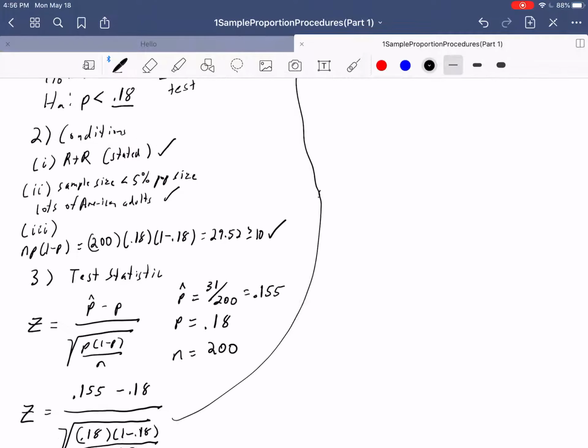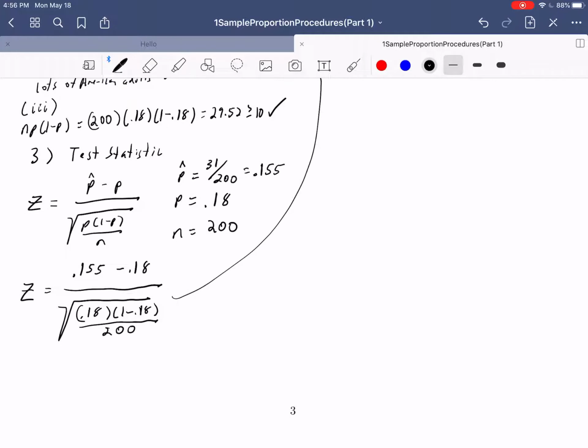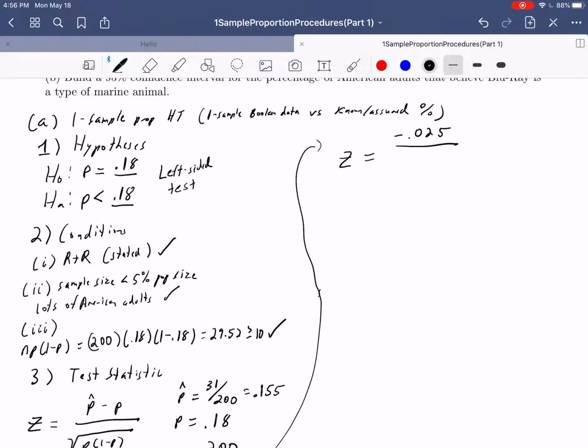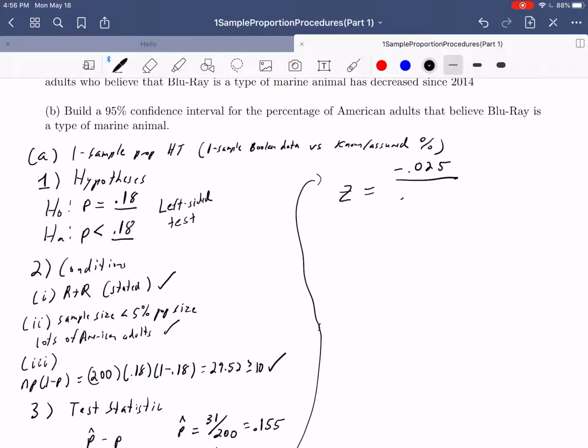Then in the denominator, again, you can just type that directly in as long as you make use of those parentheses. So parentheses 0.18 times parentheses 1 minus 0.18, close those up, divide by 200, and once you put all that in, you should get 0.027. Now you will notice that I'm keeping three decimal places with pretty much everything I'm doing right now.